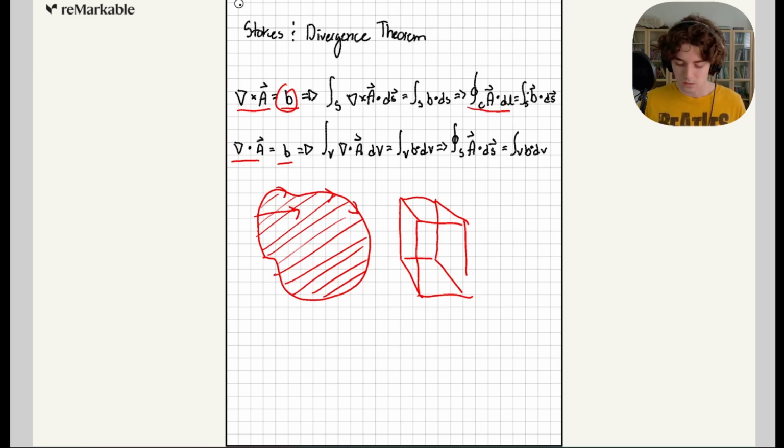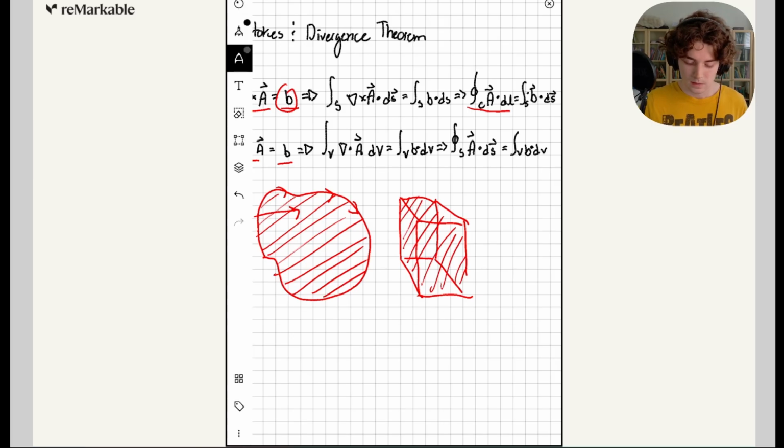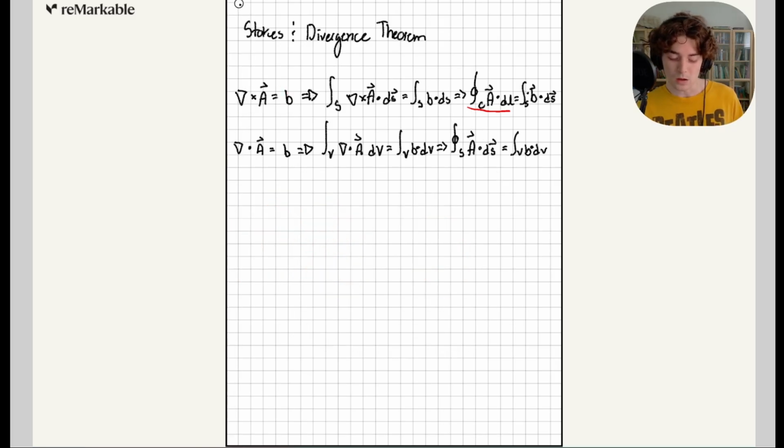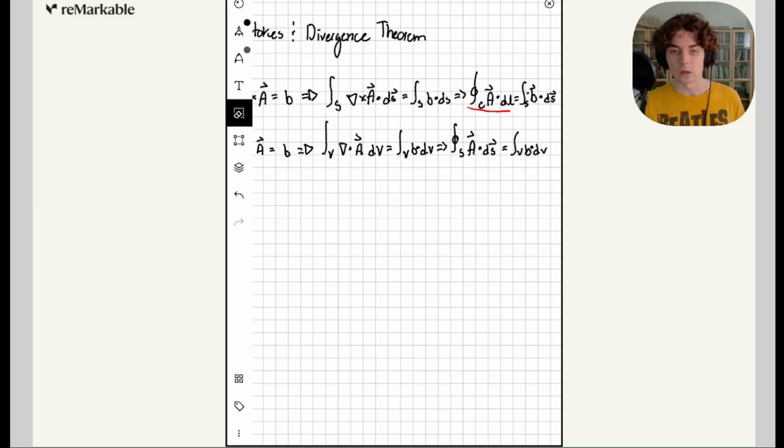So the surface integral of A across the surface equals the volume integral of B inside the volume enclosed by the surface. And these two are fundamental for working with Maxwell's equations.